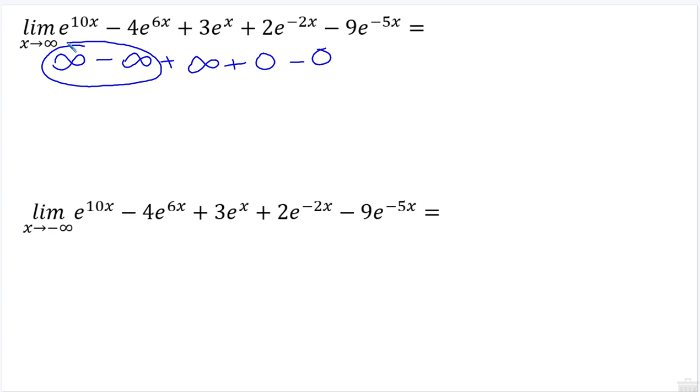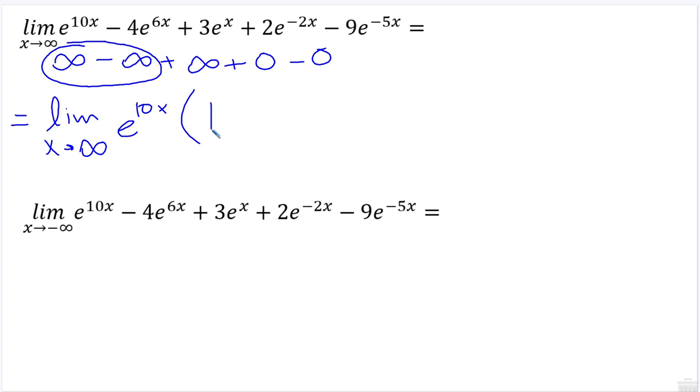But the right method for this is to just factor out the e to the 10x from everything. Because if I do that, I'm no longer going to have multiple infinities. I'm going to have one infinity out in the front multiplying things.